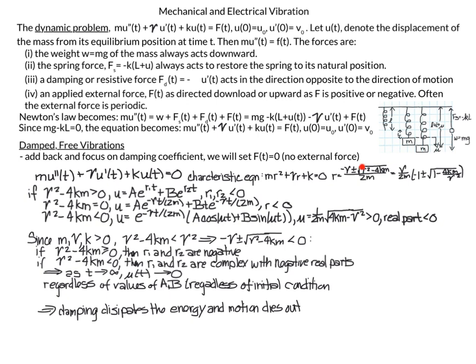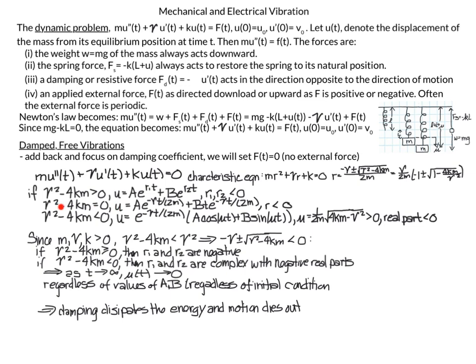The other possibility for what's going on behind the square root is that it's equal to 0, in which case we have one single root, or two roots that are equal, and we learned how to solve that for second order linear homogeneous differential equations with constant coefficients. The solution would be a e to the first root, which will be minus gamma t over 2m, plus the same exponent, but now we put a t in front of it.